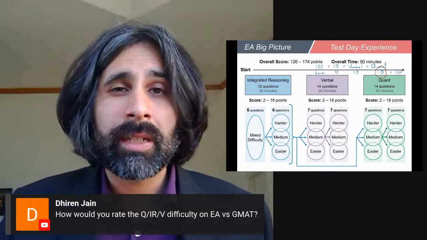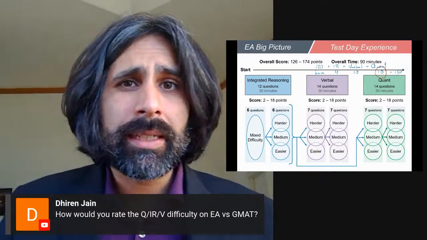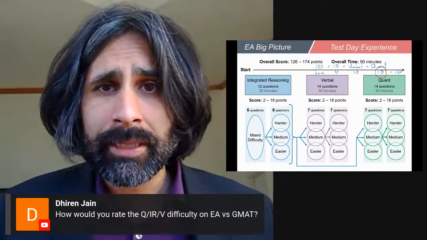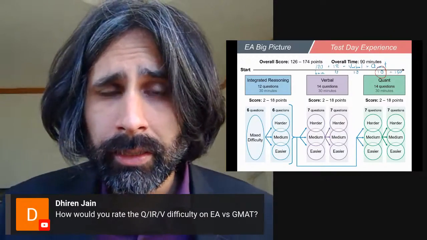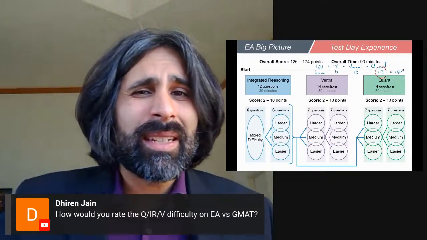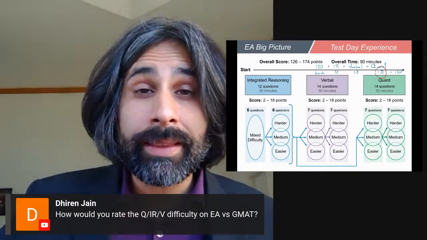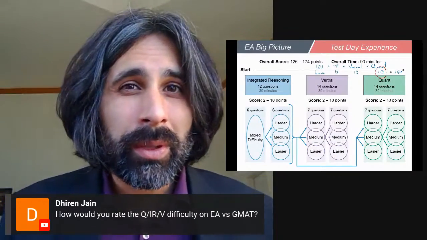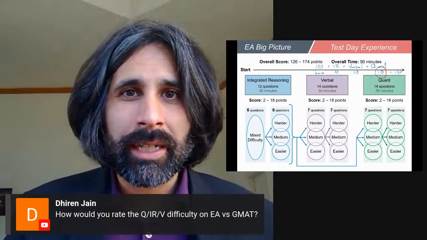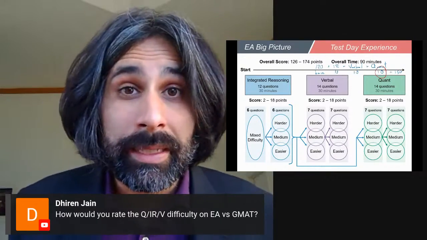But in my experience, the difficulty is indistinguishable between the GMAT's IR section and the EA's IR section. And it may be a tiny bit harder on the EA because there's a chance you get that harder second half. But in truth, I found the GMAT's IR section hard too because of its unpredictability in terms of difficulty.